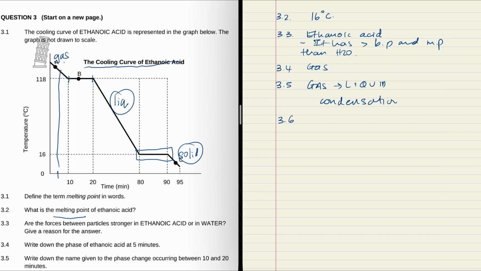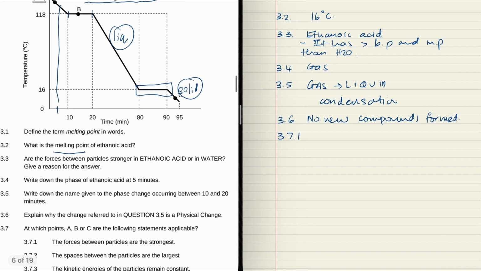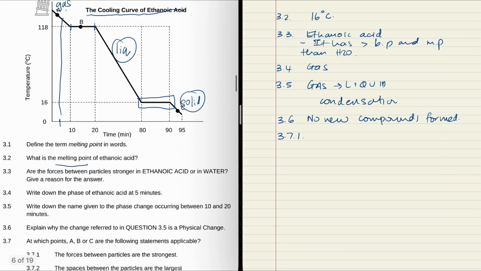Moving on to question 3.6. Explain why the change referred to in question 3.5 is a physical change. Condensation is a physical change because no new compounds were formed. Now question 3.7. At which points A, B, or C are the following statements applicable? 3.7.1, the forces between the particles are the strongest.